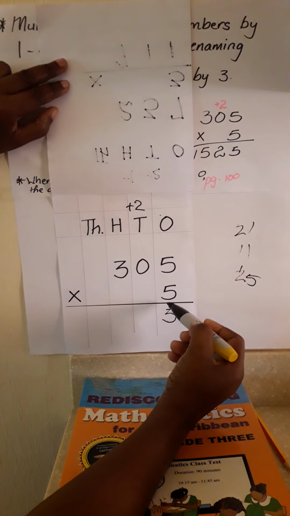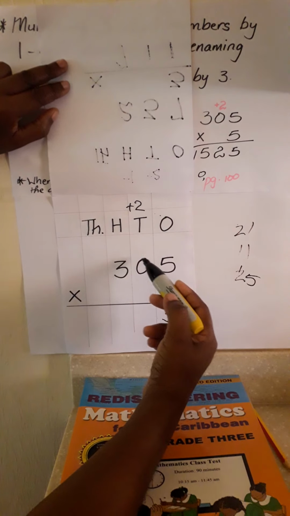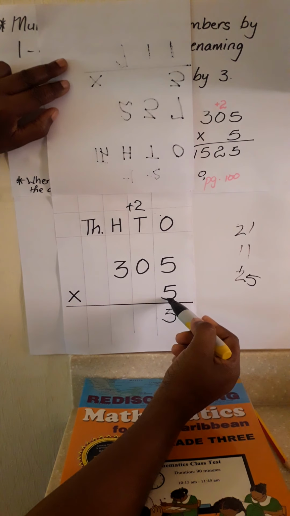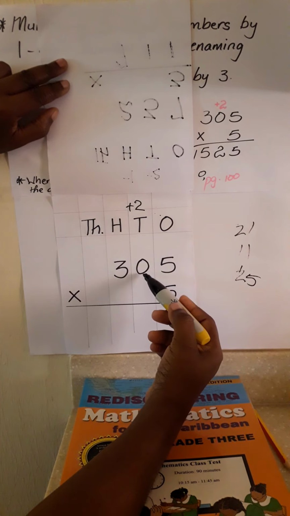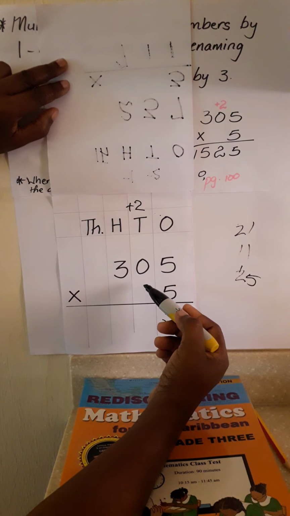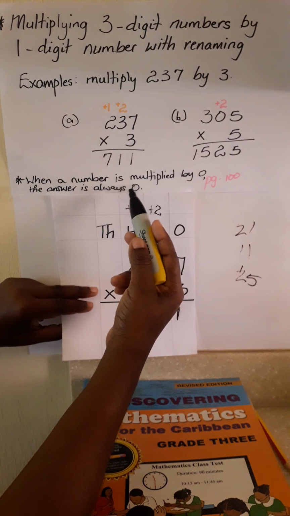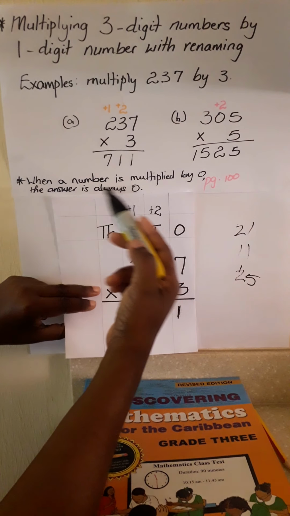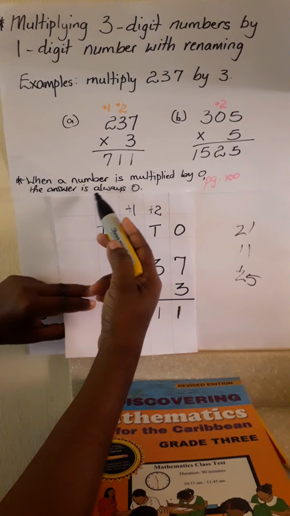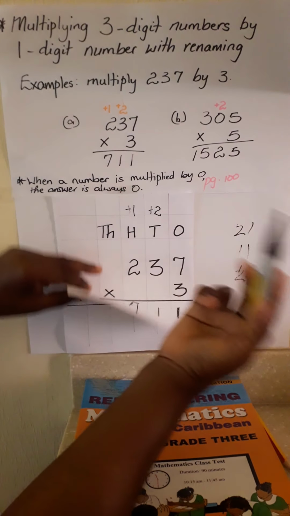Now let's go. We are over to the tens column now. 5 times 0 is, did I hear somebody say 5? If you said 5, you know you're not correct. And why is that so? Because the rule says that when a number is multiplied by 0, the answer is always 0.